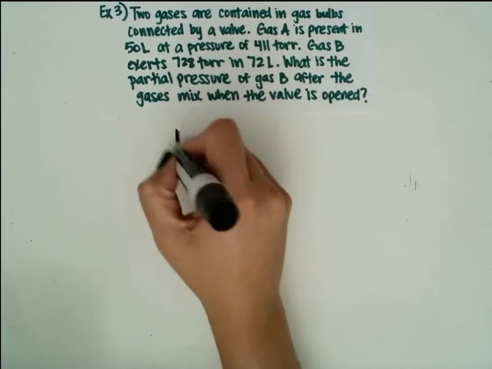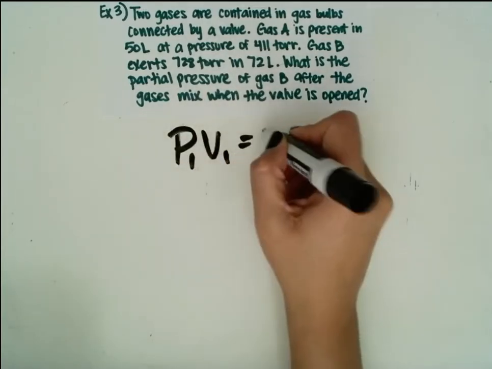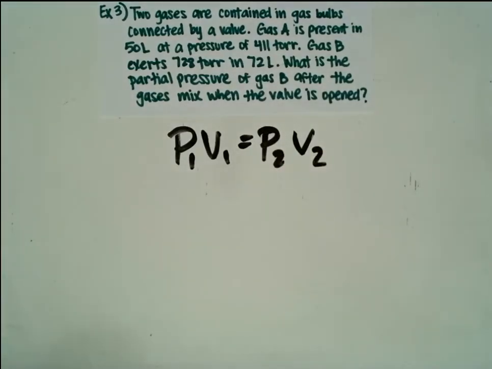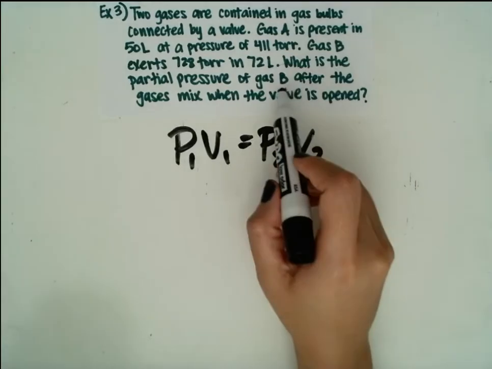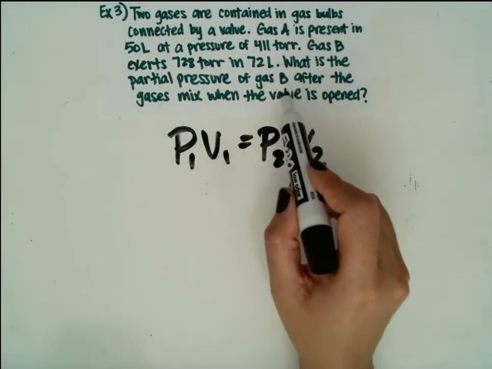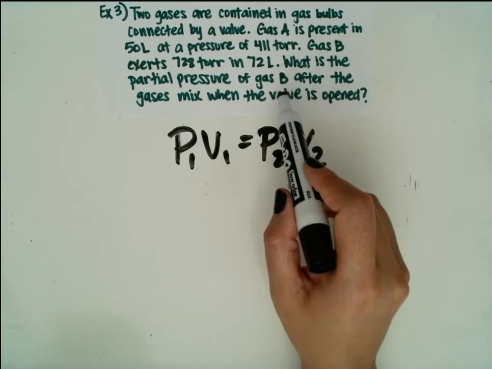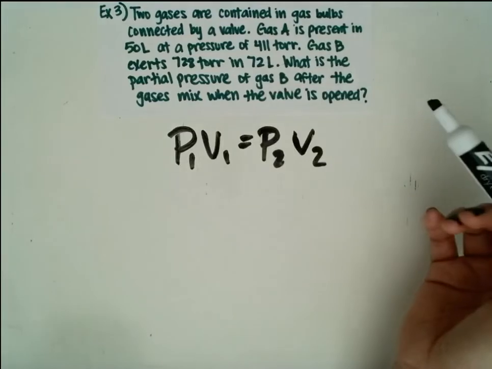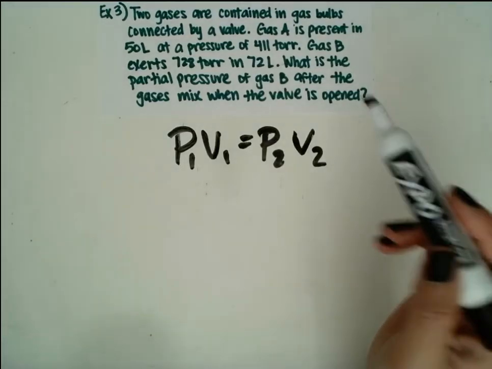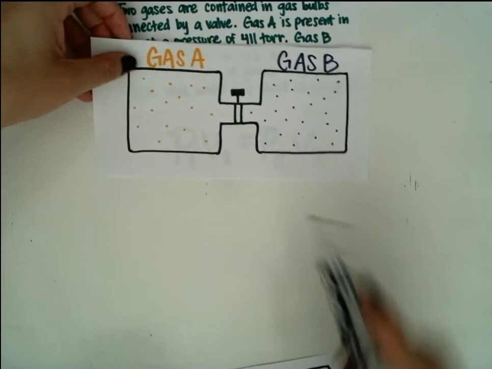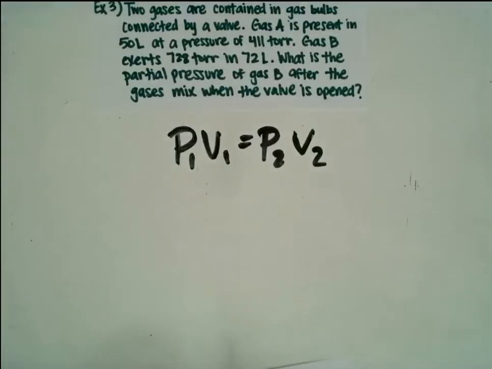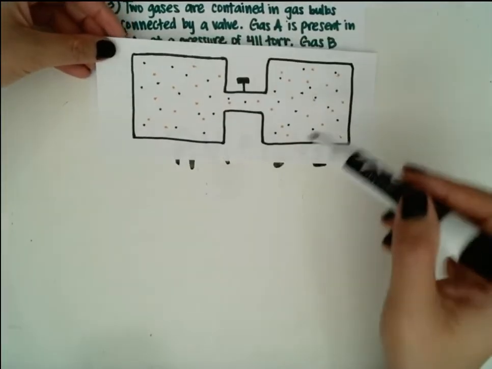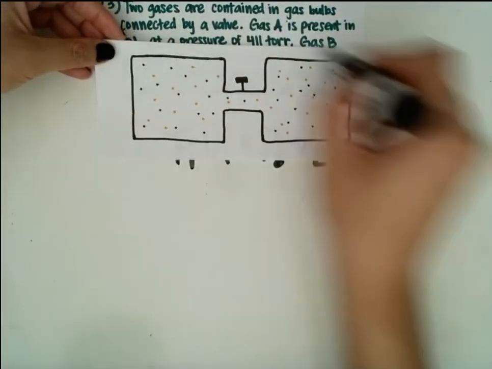The formula we're going to use is P1 V1 equals P2 V2. Even when gas B is mixed with gas A, the partial pressure still stays the same. The difference is that we're changing this into a larger volume. Initially, gas B was just in this area, but after the valve opened, now it's taking up this whole space. So initial volume, new volume.